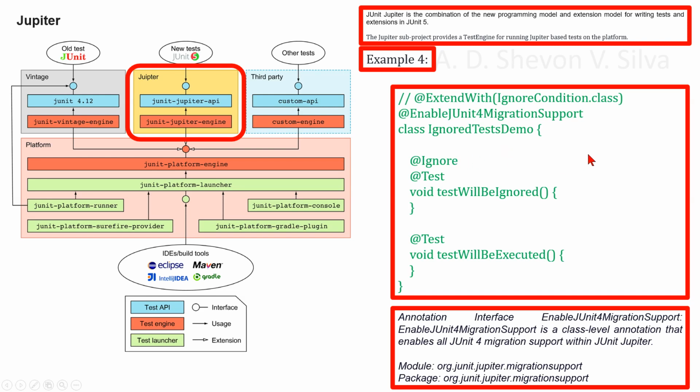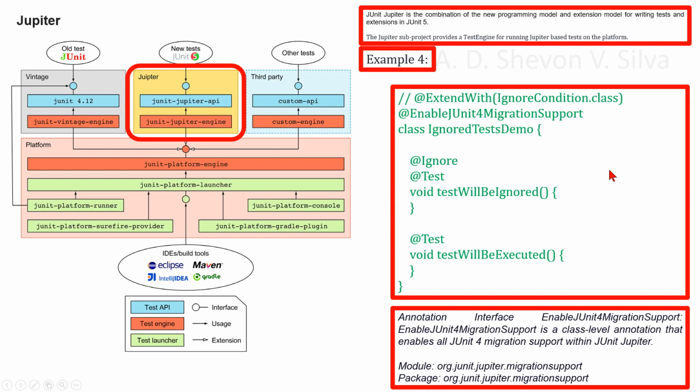In order to provide a smooth migration path from JUnit 4 to JUnit Jupiter, the junit-jupiter-migrationsupport module provides support for JUnit 4's @Ignore annotation, analogous to Jupiter's @Disabled annotation.